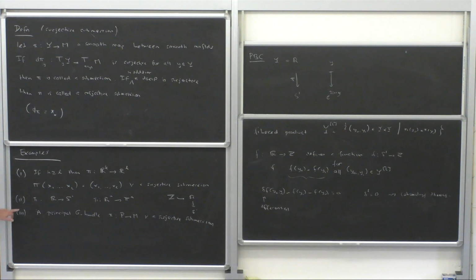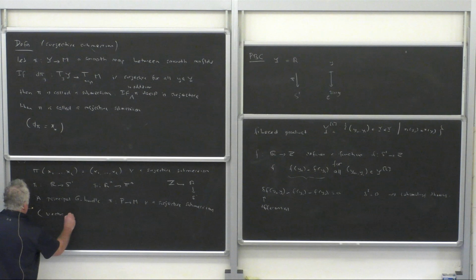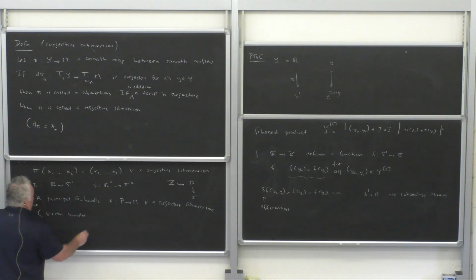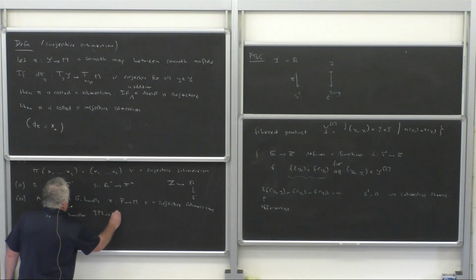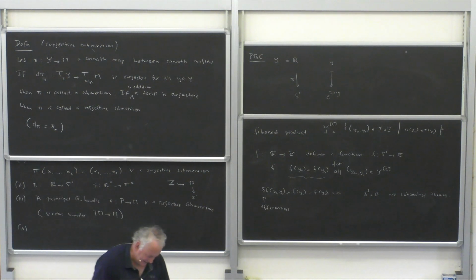So in fact this example falls also under this more general thing. And in fact, you don't need to take principal bundles, you can also take vector bundles. So TM to M, a vector bundle, is also an example of a surjective submersion. So really there exist a lot of examples of surjective submersion.